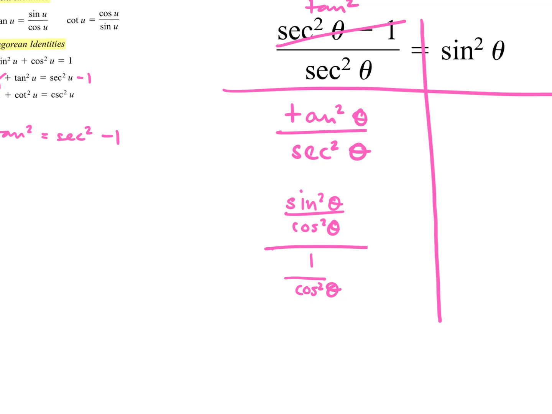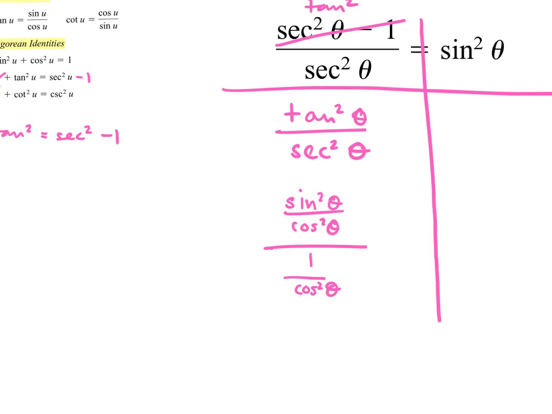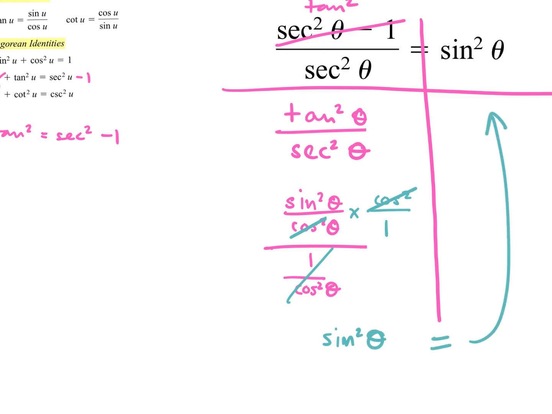Now what do we do when we have a fraction and a fraction? Keep, change, flip. We're going to keep the top, change to multiplication. We'll flip the bottom to cosine squared over 1. Anything simplify here? The cosine squareds will cancel. And what are we left with? Sine squared. What was our goal to make it equal? Sine squared.